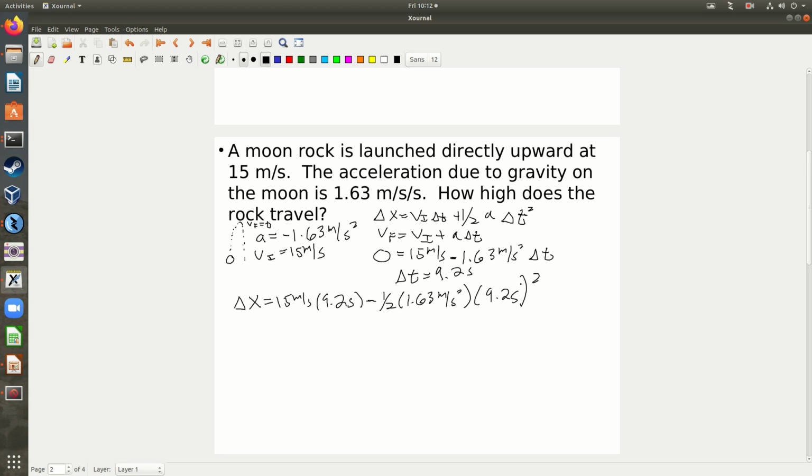Then I calculate this: 15 times 9.2 minus 0.5 times 1.63 times 9.2 squared gives me a height of 69 meters, which, by the way, is pretty high. 69 meters is like 200 feet. If it's only a 35 mile an hour throw, that's pretty significant.